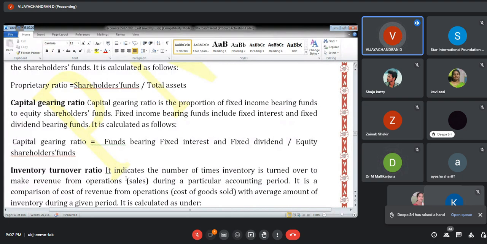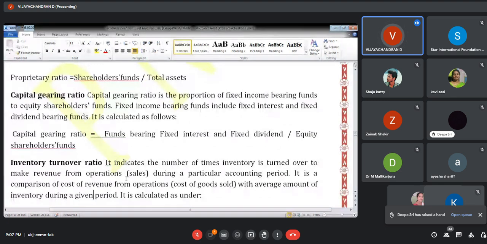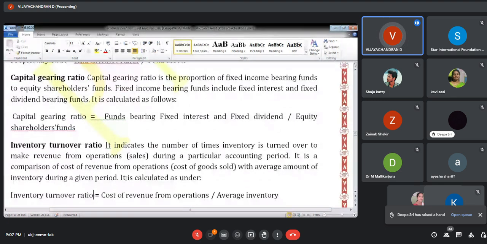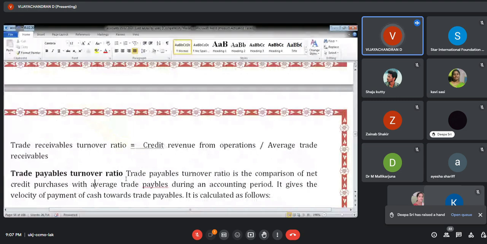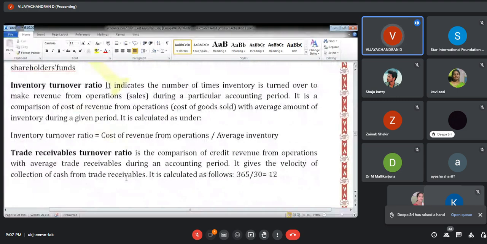Then inventory turnover. As you know, inventory turnover means stock. So how many times? Here you have to take only the cost, not the sales. You have to take only the cost of goods sold. So what is the formula for cost of goods sold?